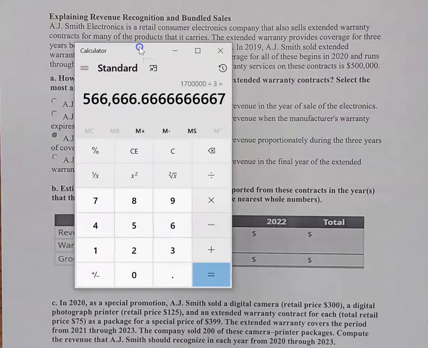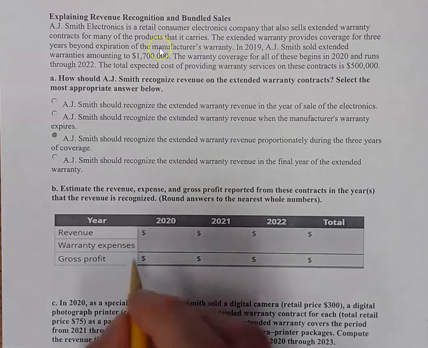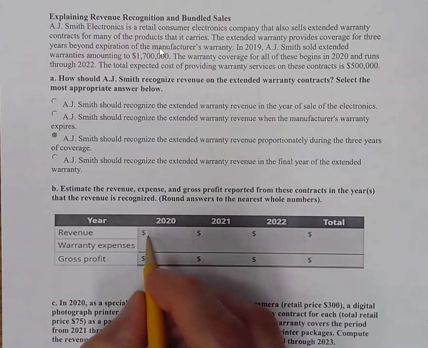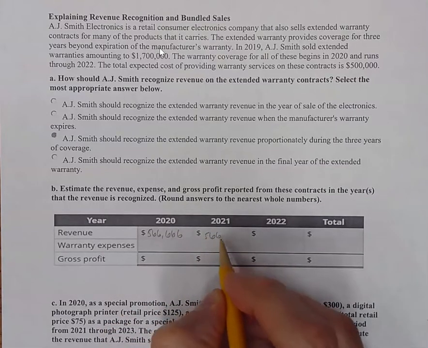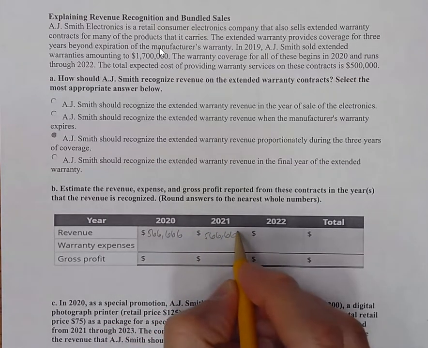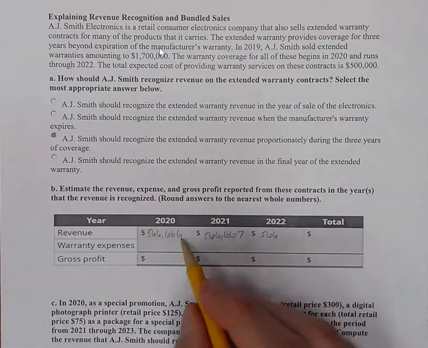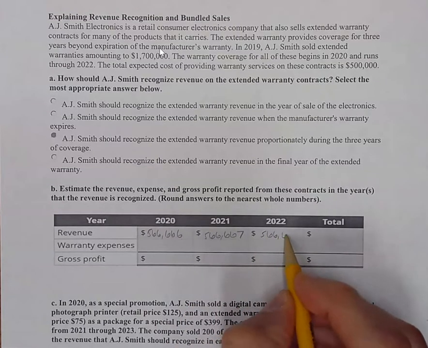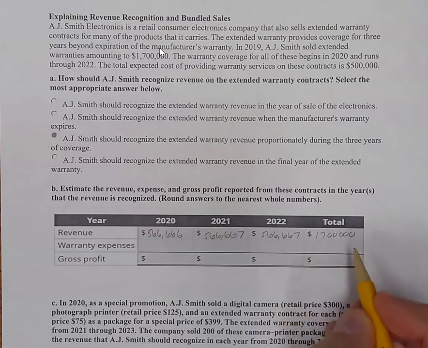That's going to give us basically 566,666 per year. Revenue is going to be the same for each of these years. Let's see how we make this come out even. Change that. 566, 6 and 7, so we need 667, and then in total it would be the 1.7 million.